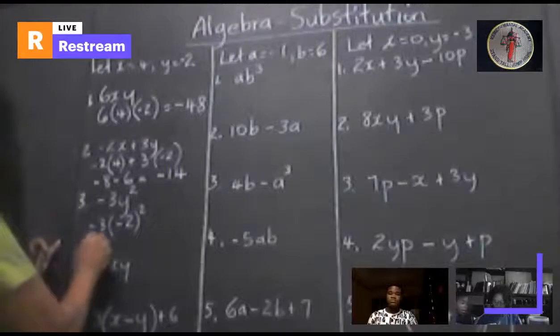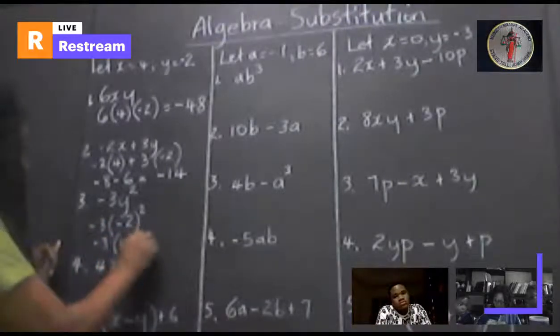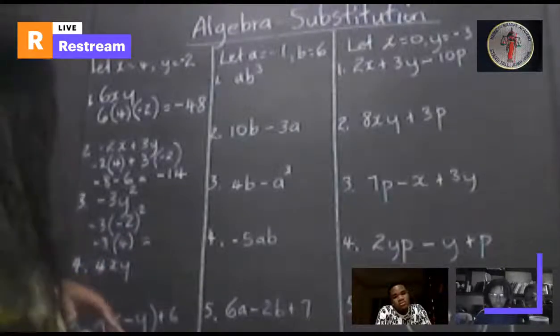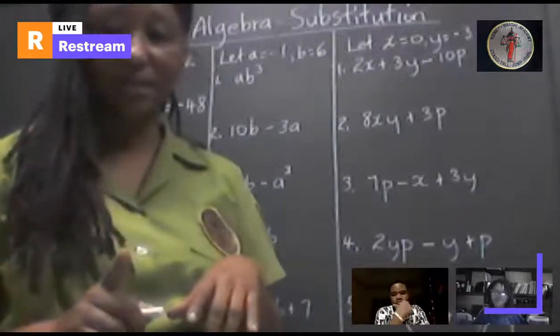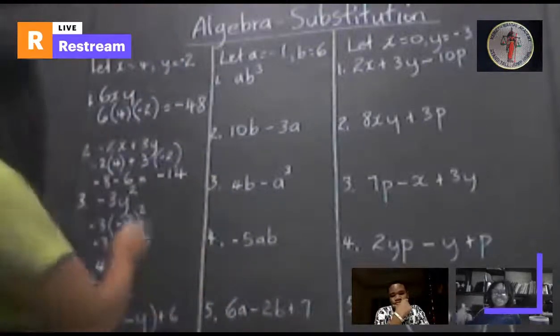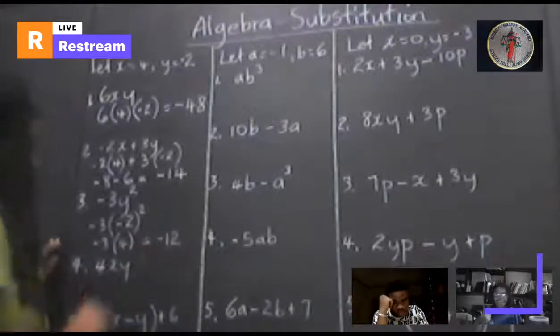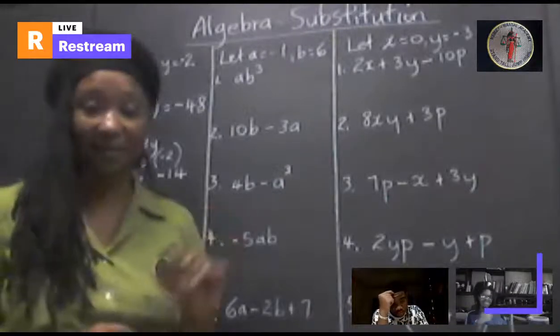Now we have negative 3 times positive 4, and that gives negative 12. We're not adding, we're multiplying. Remember, bracket means multiply.